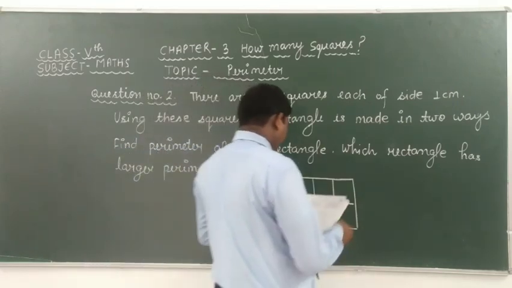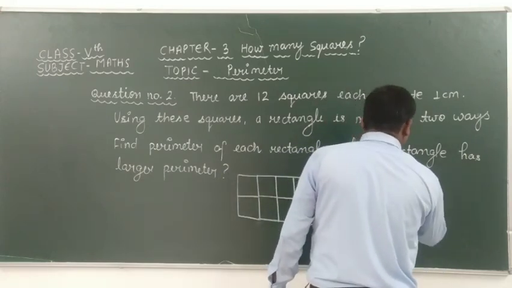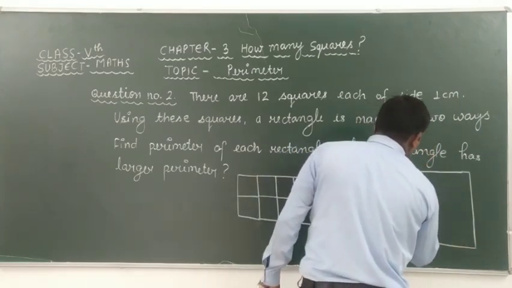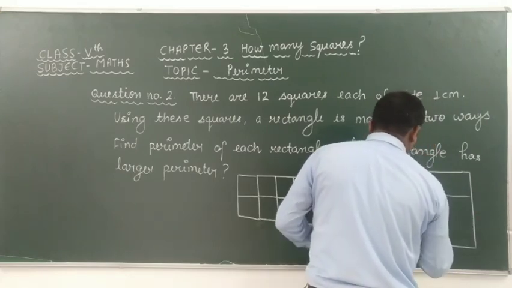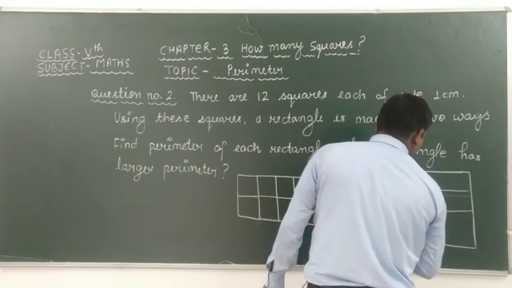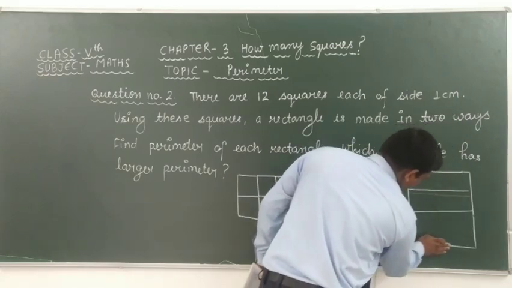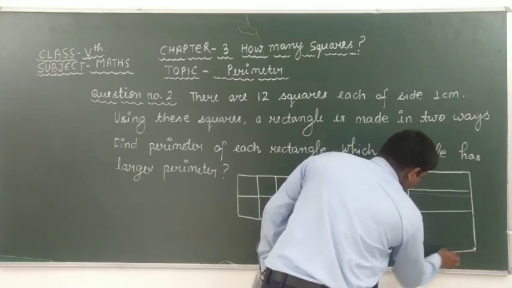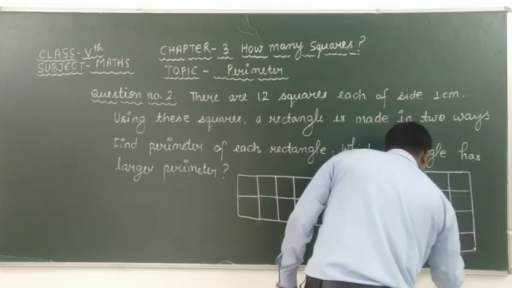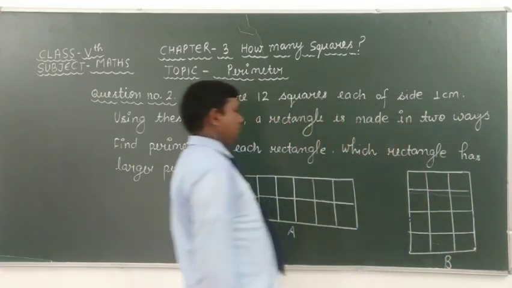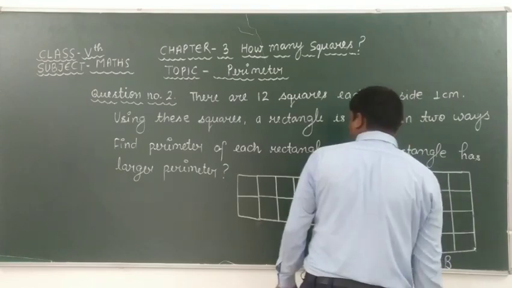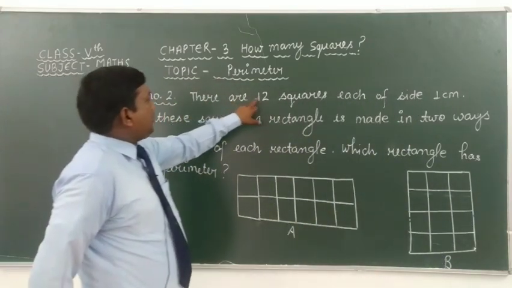Figure A. This is figure B. In this question, there are 12 squares.